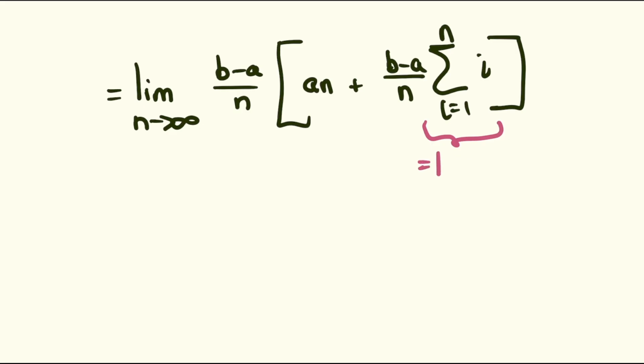We know that if we wrote this out, it'd be 1 plus 2 plus 3 all the way up to plus n. If you do a little bit of math here, you'll notice that this is n times (n + 1) all over 2.